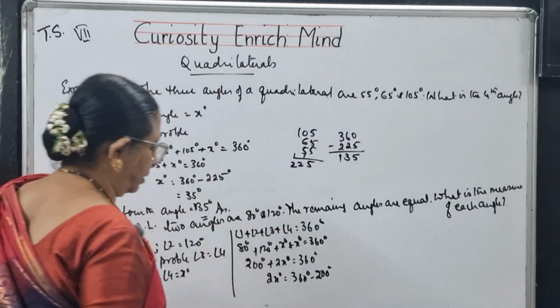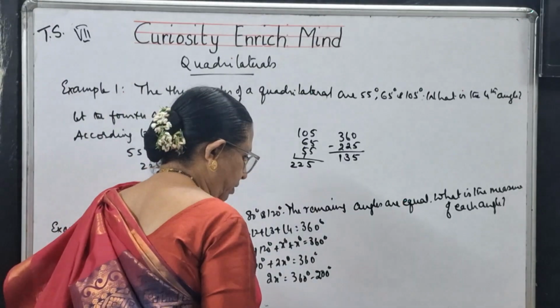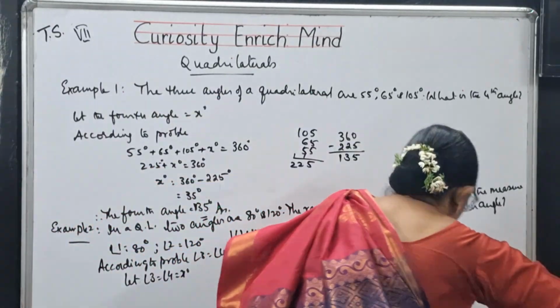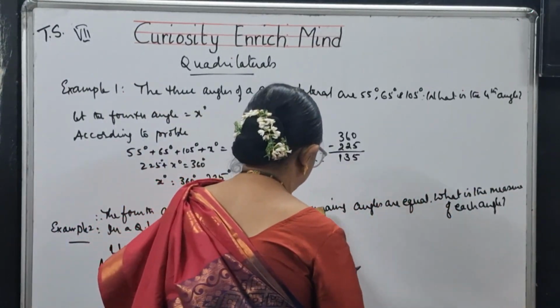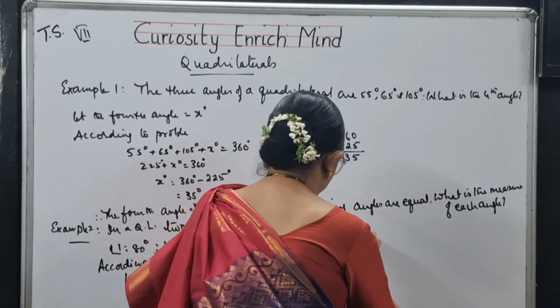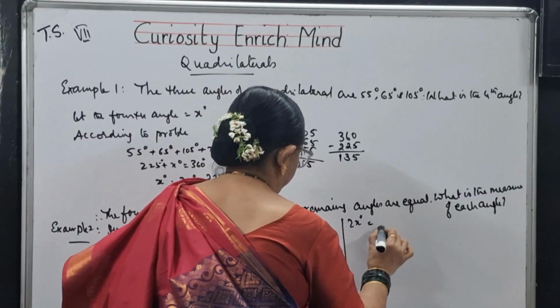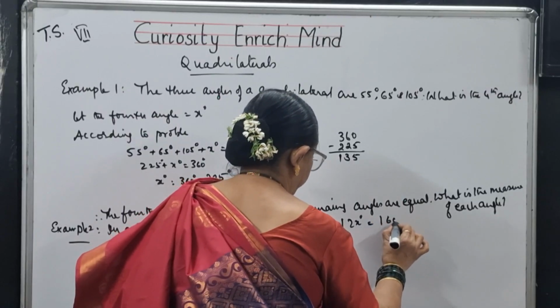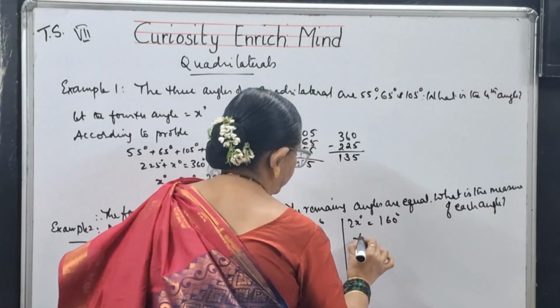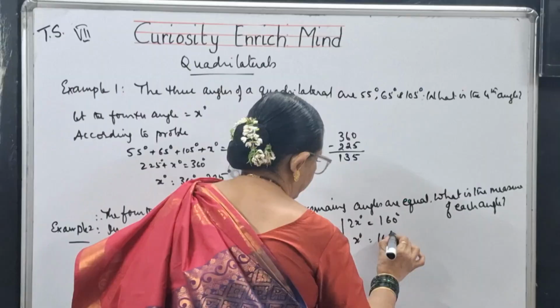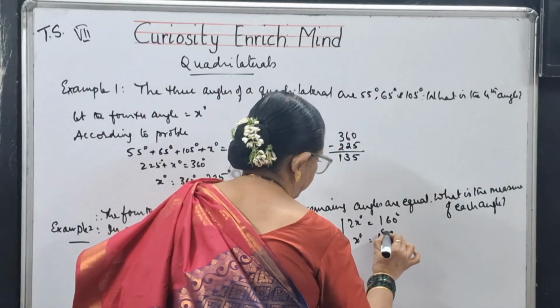If you subtract 200 from 360, what do you get? 2x degrees is 160 degrees. So what is x degrees? 160 degrees divided by 2 is 80.